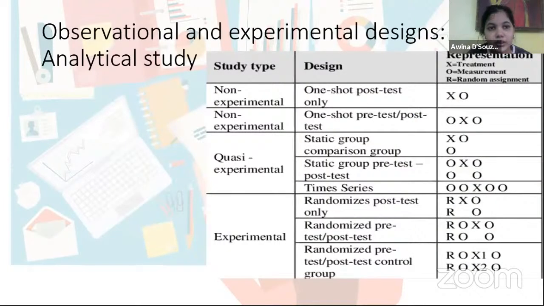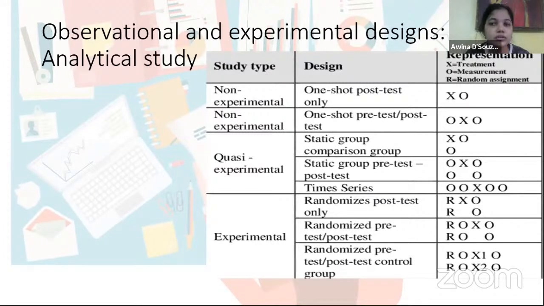So this is the study design that comes into play.